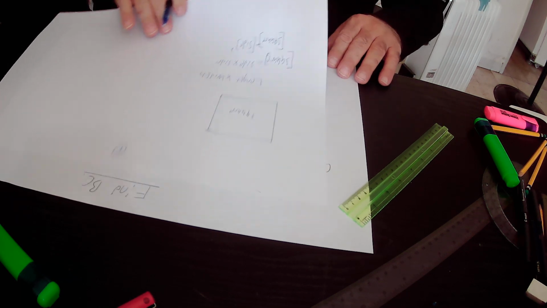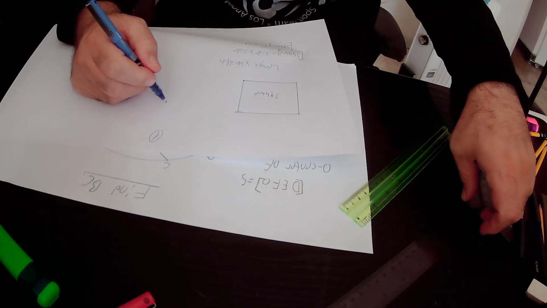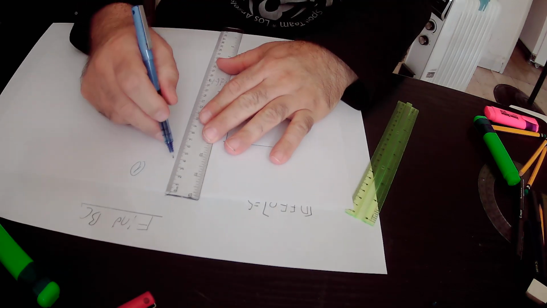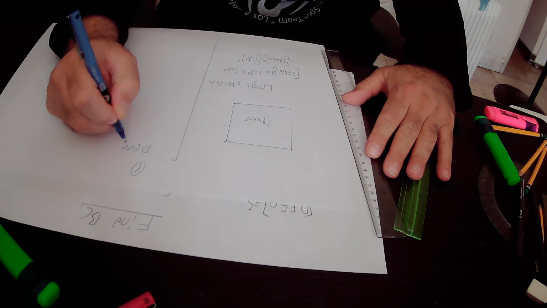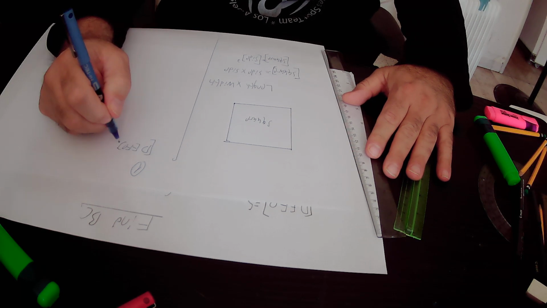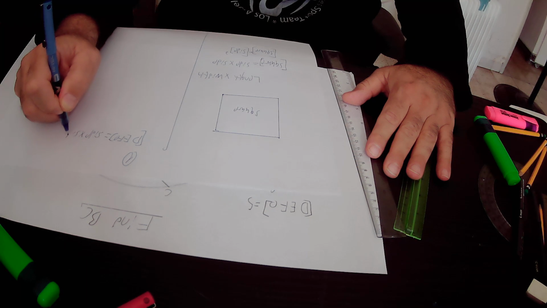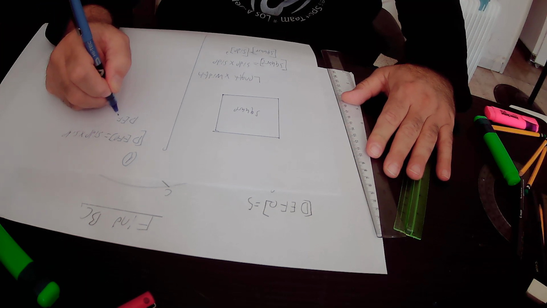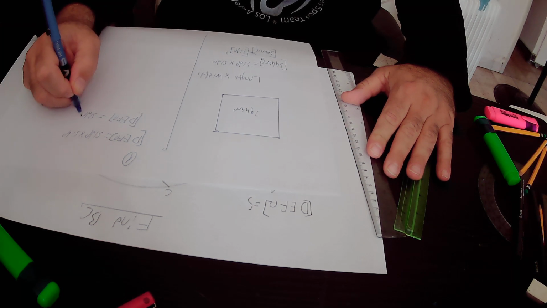So the area of our square DEFO is equal to the side times the side. That is to say, the area of square DEFO equals the side squared.